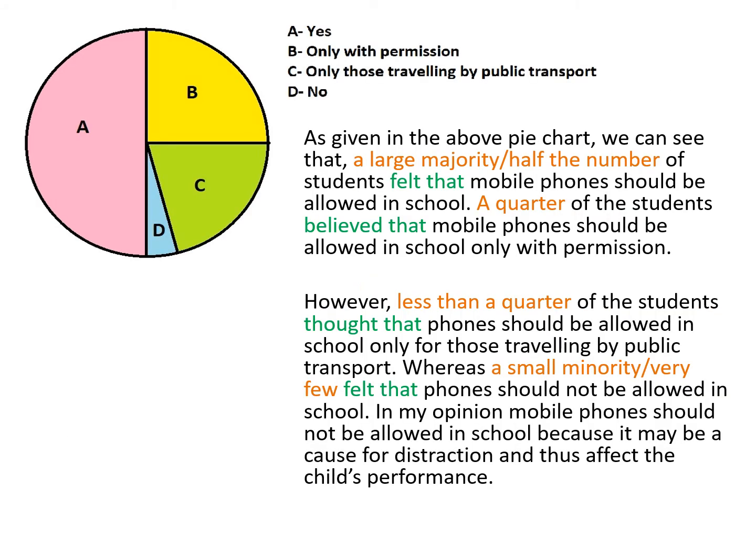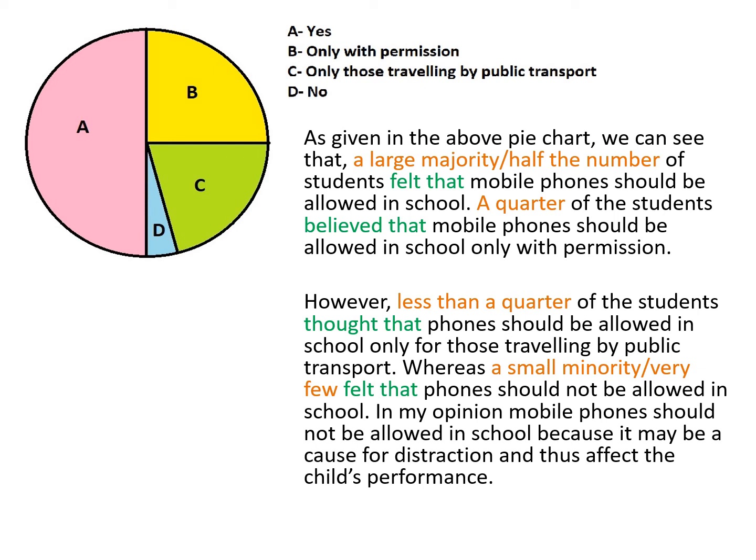So here I have described the pie chart. This is how you need to write in your exams. As given in the above pie chart, we can see that, that's my introduction line, a large majority or half the number of students felt that mobile phones should be allowed in school.